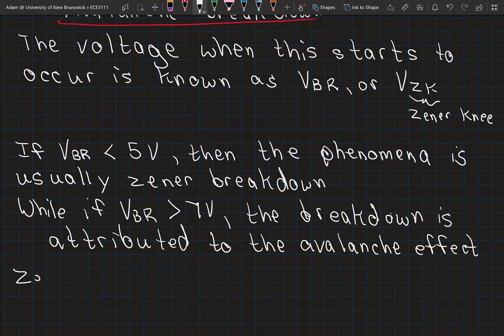So what is that mechanism that we're calling Zener and avalanche? Zener breakdown is a result of the E field that's established due to that ever increasing voltage across the depletion region.